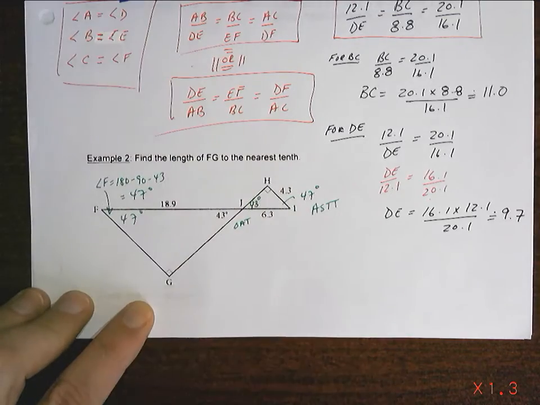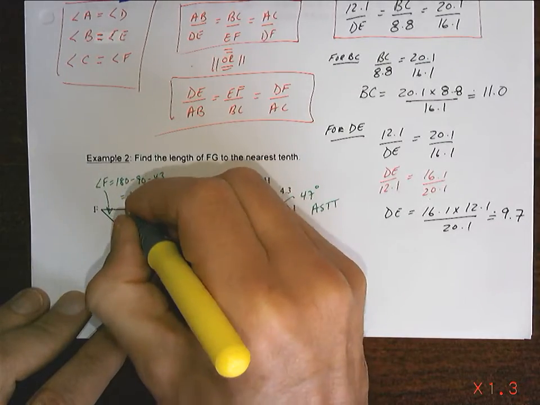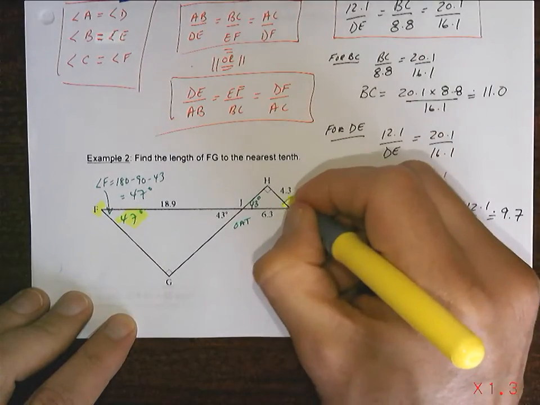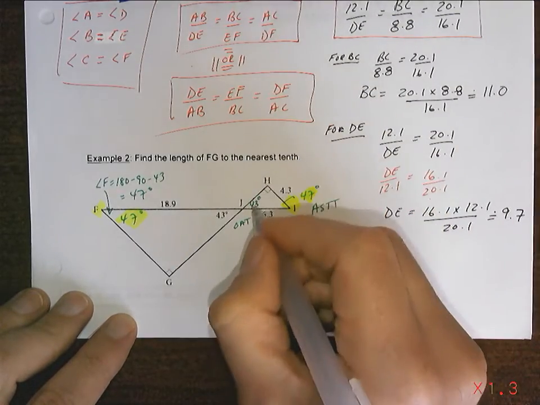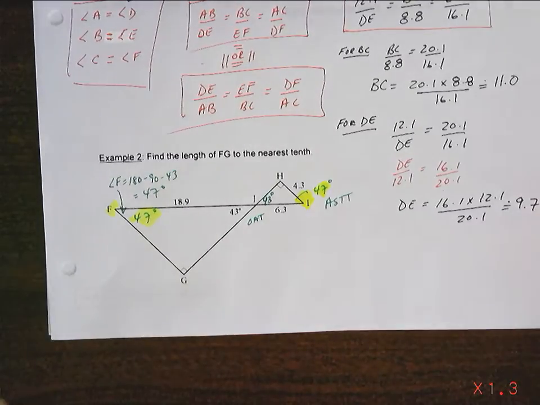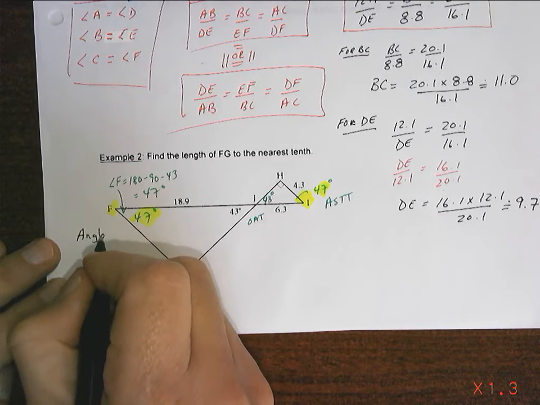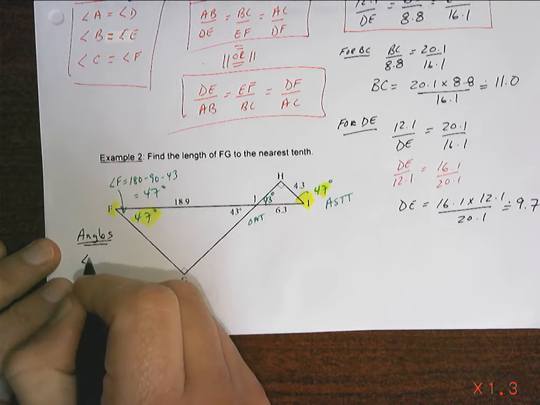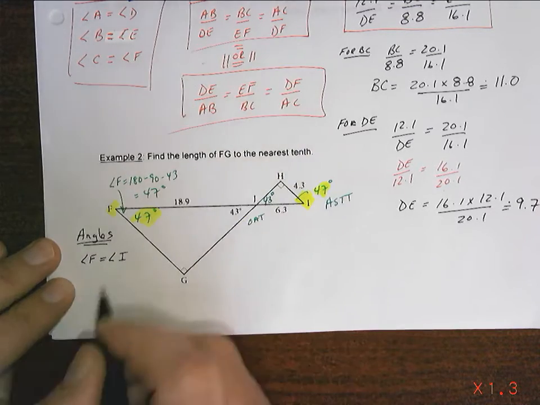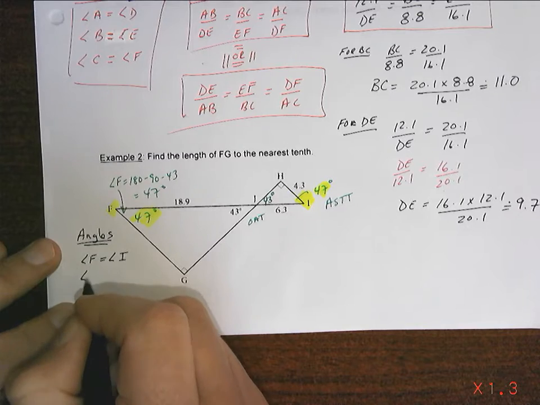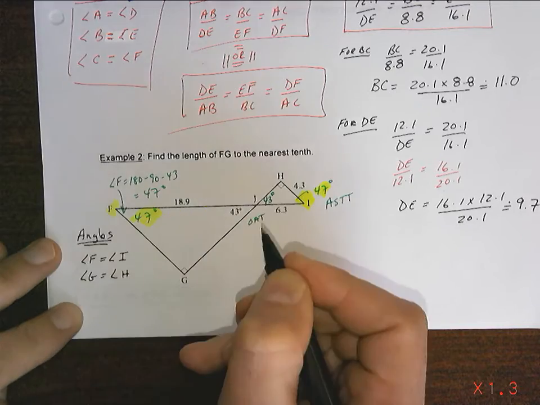Which is kind of interesting because I've got a 47 degrees here for angle F, and I got a 47 here for angle I. I've got a 90 and a 90 together, and I got a 43 and a 43, which means if I sit down and think about this, I notice that I have angle F is equal to angle I, and that's 47 degrees. I notice that I have angle G is equal to angle H, and that's 90 degrees in both of them.